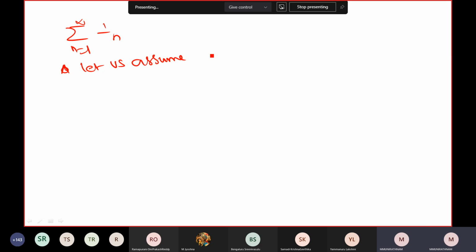So Cauchy ఎలా ప్రూవ్ చేస్తాడో చూడండి. Let us assume summation 1 by n converges.